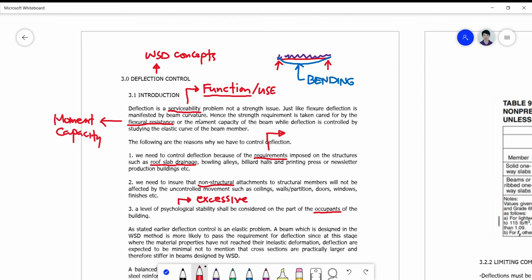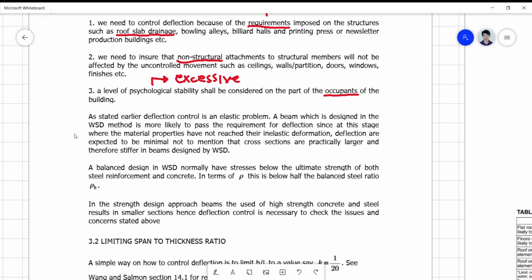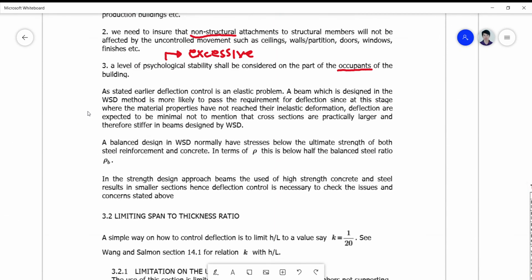Okay, so as stated earlier, deflection is an elastic problem. It's not a strength design problem. So a beam which is designed in the working stress design method is more likely to pass the requirement for deflection rather than the strength design method. Why?